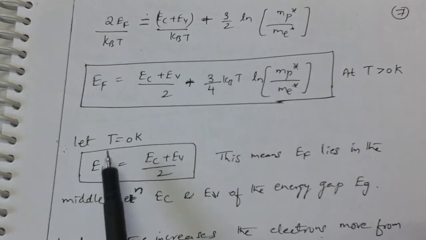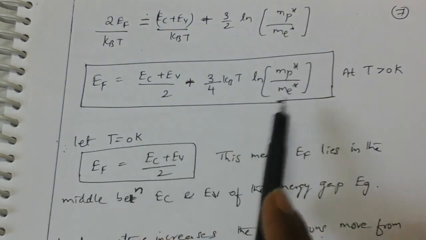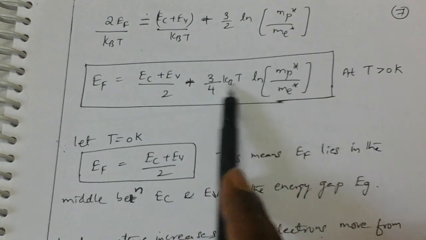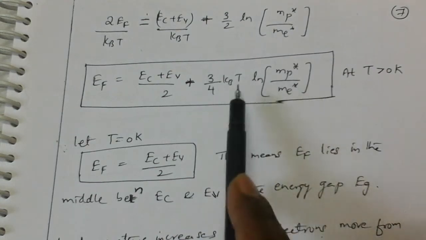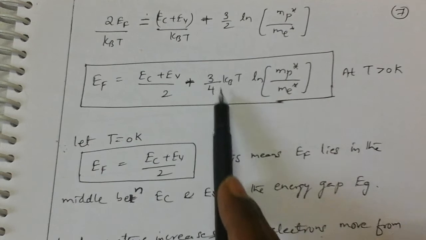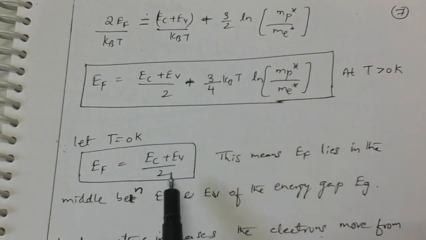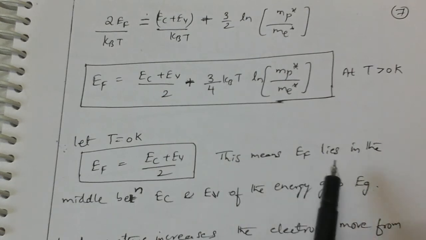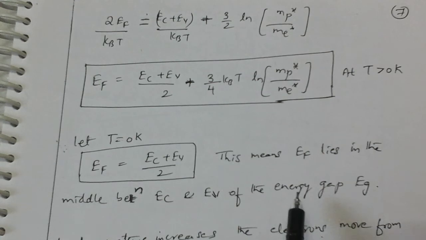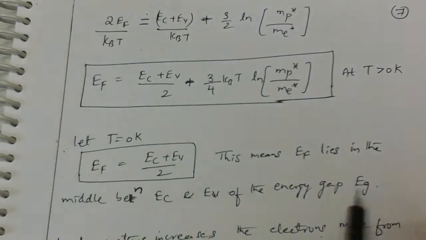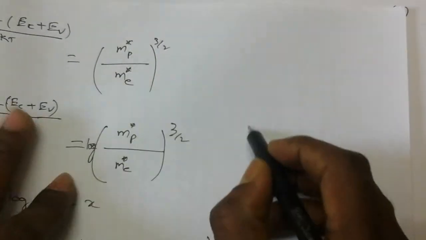If we apply the condition T is equal to 0, then what happens? EF: T is equal to 0 means 0 into something is 0. So the total term is going to vanish. Then EF is equal to (EC plus EV) by 2 only remains. This means the Fermi energy level lies in between the conduction band and valency band of the energy gap. So you can see the figure.